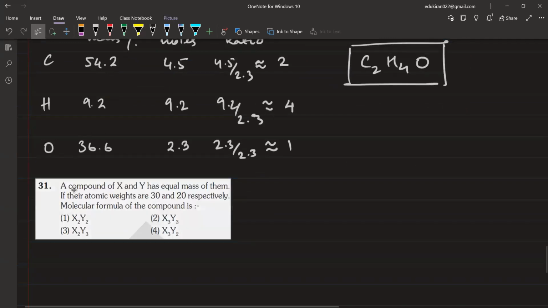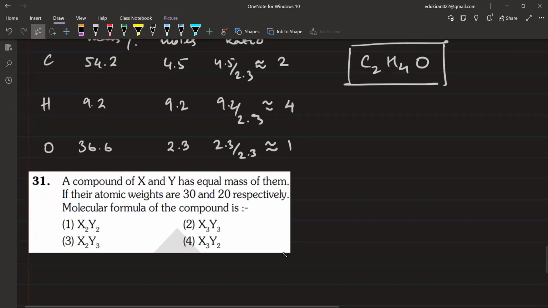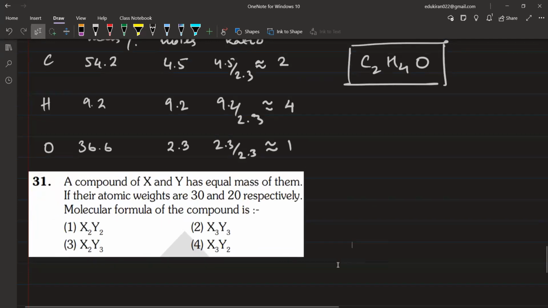Try this question. A compound of X and Y has equal mass of them. Their atomic weights are 30 and 20 respectively. Molecular formula of the compound is.